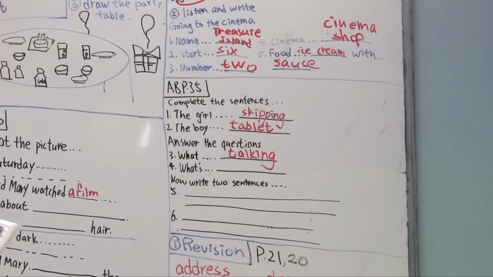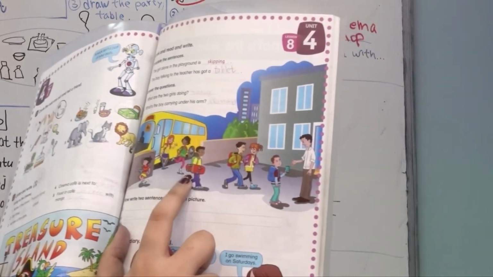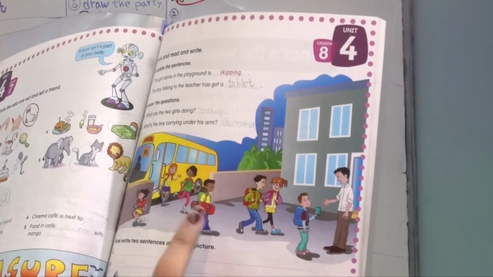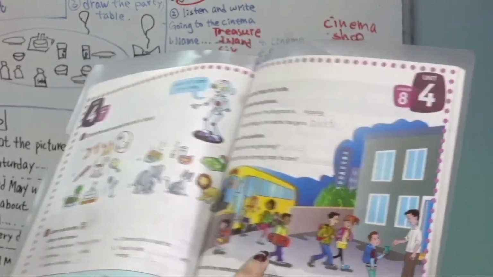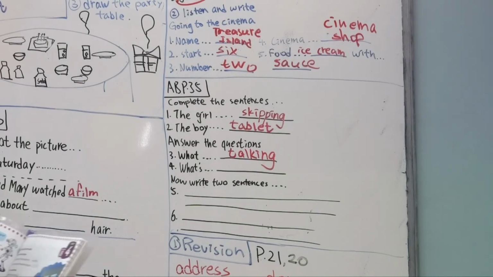Number 4. What's the boy carrying under his arm? What do we call this? What is he carrying under his arm? That is a skateboard. Okay? Skateboard. How do we spell skate? S-K-A-T-E.